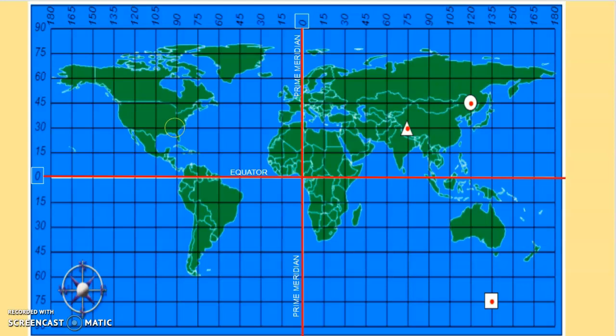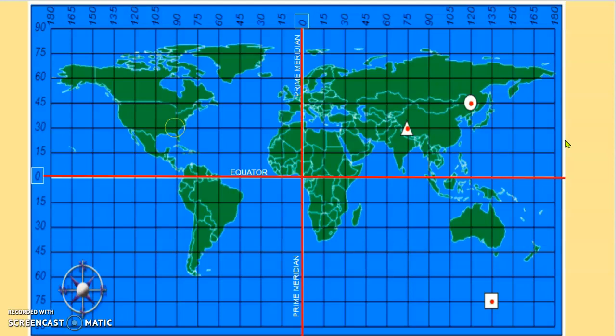So for your second question, you're going to tell where that spot is right there where the circle is. Do you see that it's north of the equator? Is it in the eastern hemisphere like the other three were? No, it's in the western hemisphere.